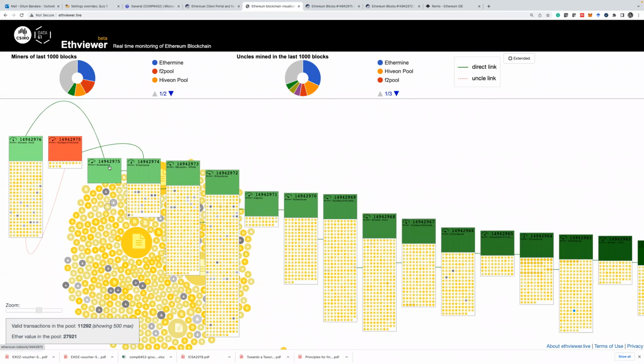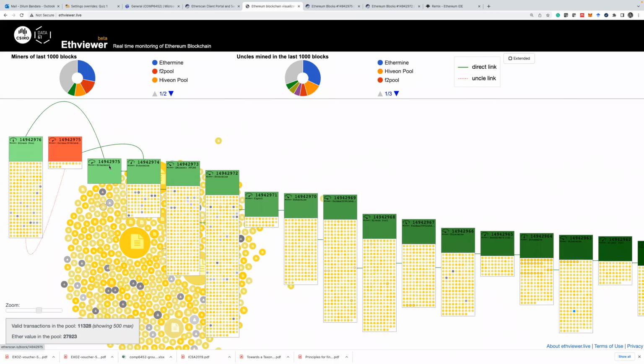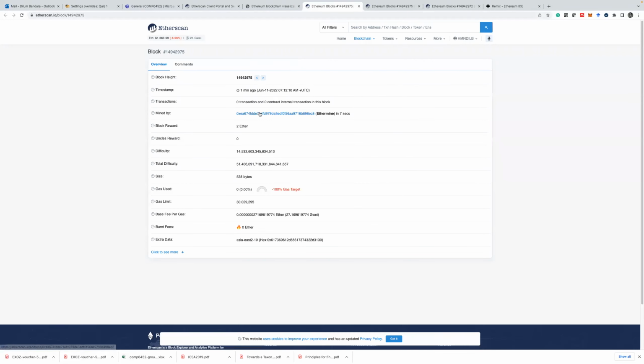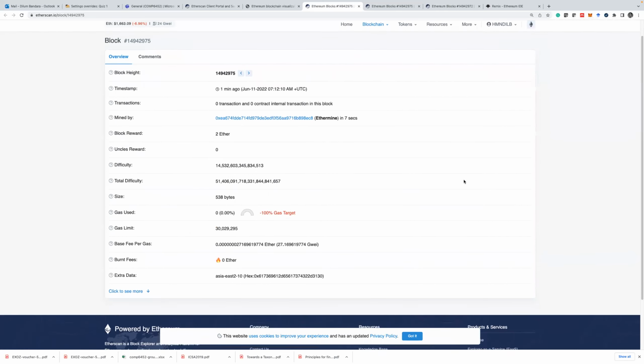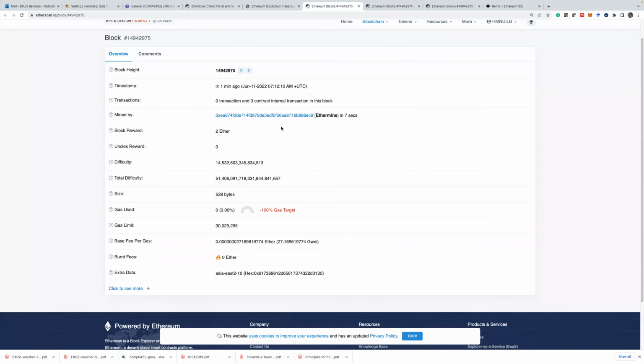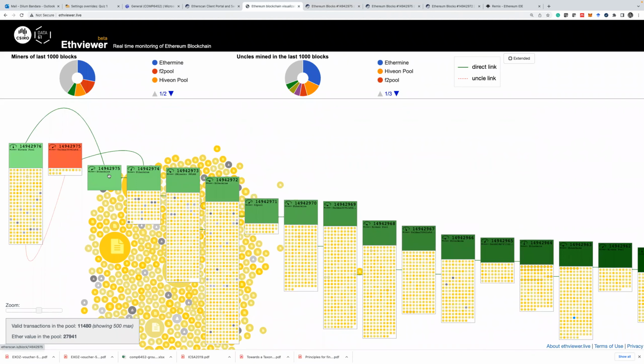Now, this 975 is also an interesting block, because if you really look at that, and let's see, where can we see the number of transactions again? So I better make this bigger. I'll talk about some of these things, but if you look at this one, there are no transactions in this block, so there are essentially 0 transactions.